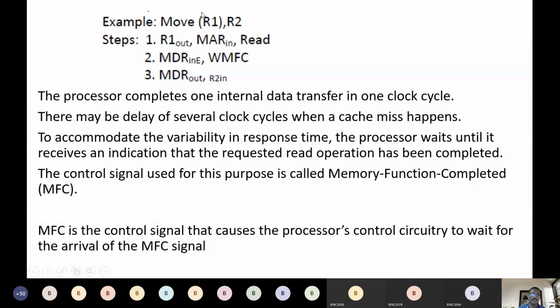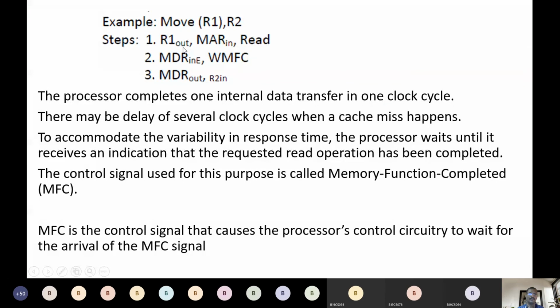When we go to the R1 register, it contains some address. We take that address and go to the main memory, where we will have the operand value.